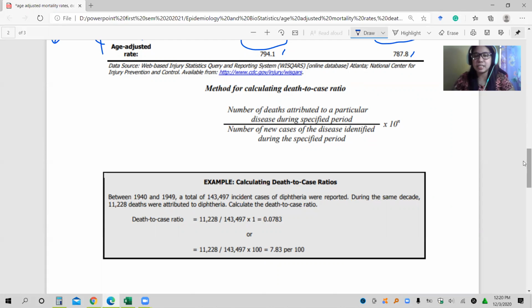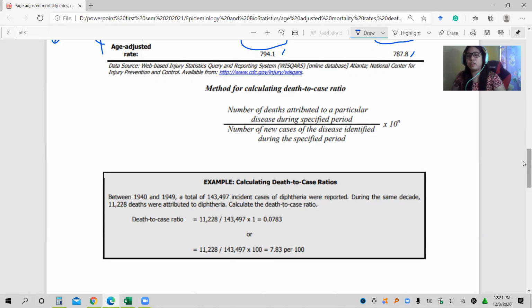Given this example, between 1940 and 1949, there is a total of 143,497 incident cases of diphtheria. During the same decade, 11,228 deaths were attributed to diphtheria.